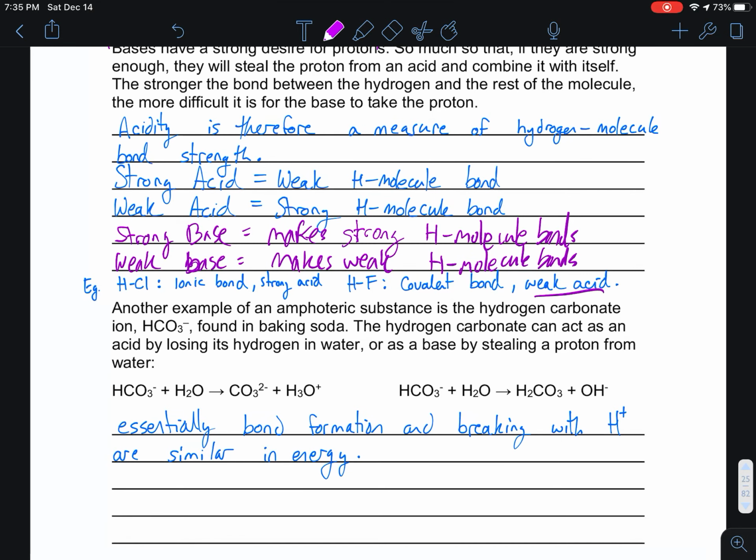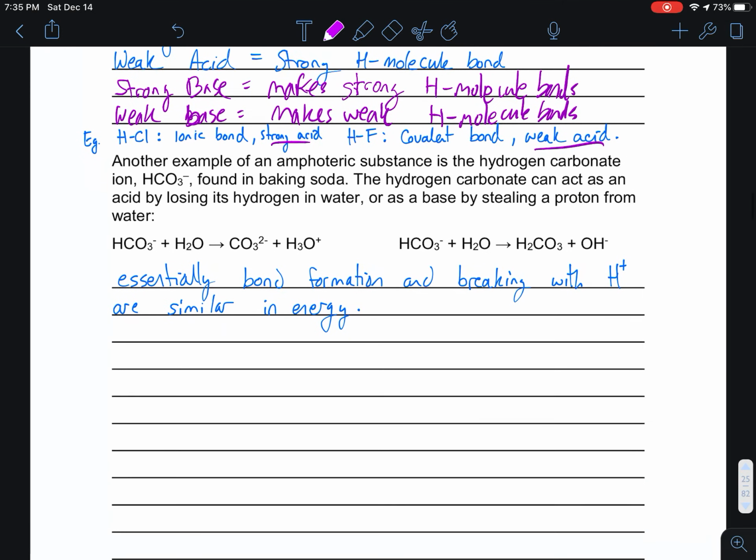And so hydrofluoric acid becomes a weak acid, and hydrochloric acid becomes a strong acid. We're really talking about what is essentially bond formation. Bases absorbing hydrogens is a bond forming, and bond breaking with the hydrogen being donated by the acid.